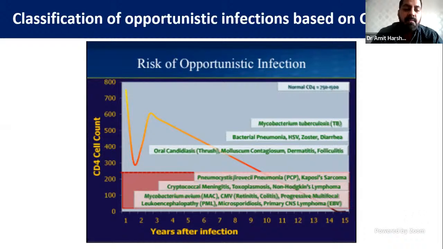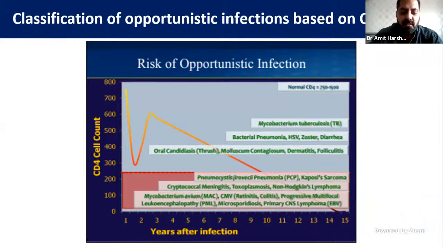So it is important to remember that somebody presenting with those symptoms and with a CD4 count of less than 100 is very likely to have pneumocystis pneumonia. Similarly, CD4 counts of less than 200 relate to pneumocystis pneumonia, cryptococcal meningitis, and toxoplasmosis. All of these we would be covering in the CNS chapter today.